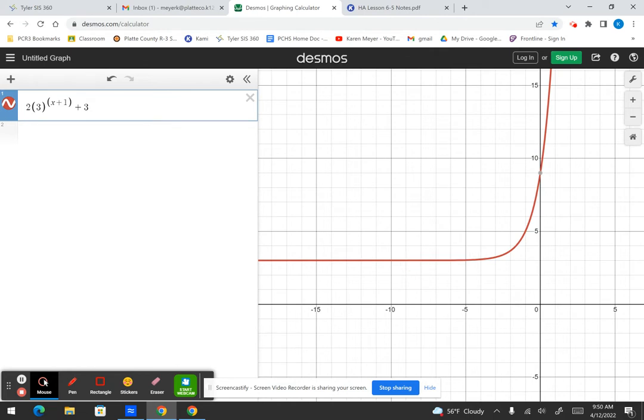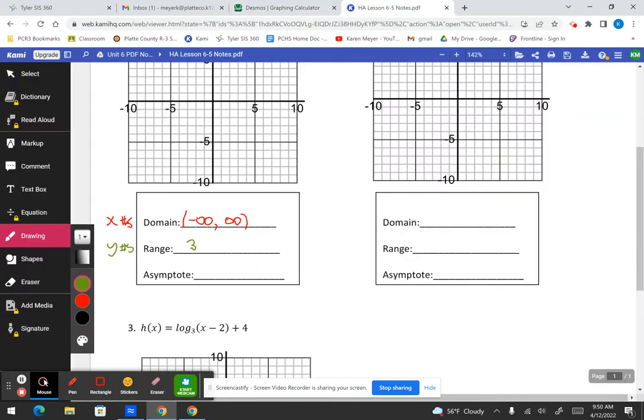But what you need to realize is that it's still really like 3.00008, 3.00005. But Desmos and the calculator can't handle that, so they round it. So it's not actually ever going to touch this number right here at 3, even though the picture looks a little deceiving. So it is a parentheses. And then it does go up forever and ever, so that would be positive infinity.